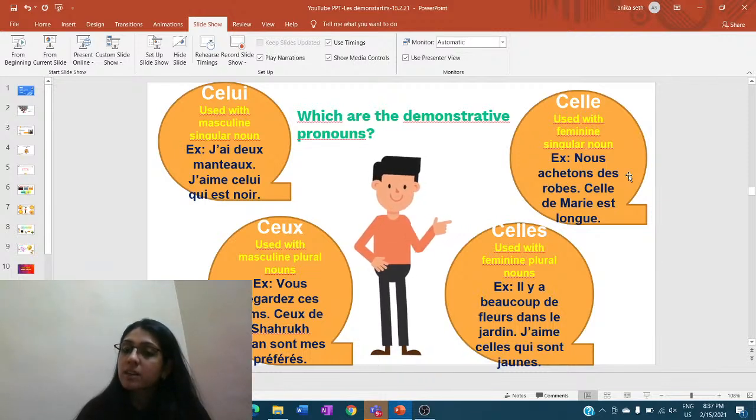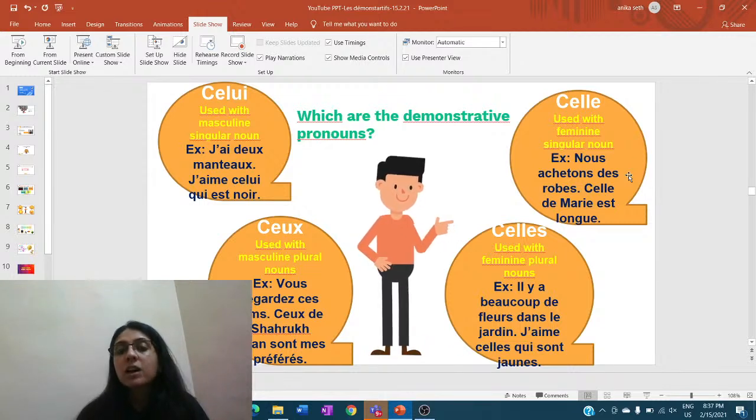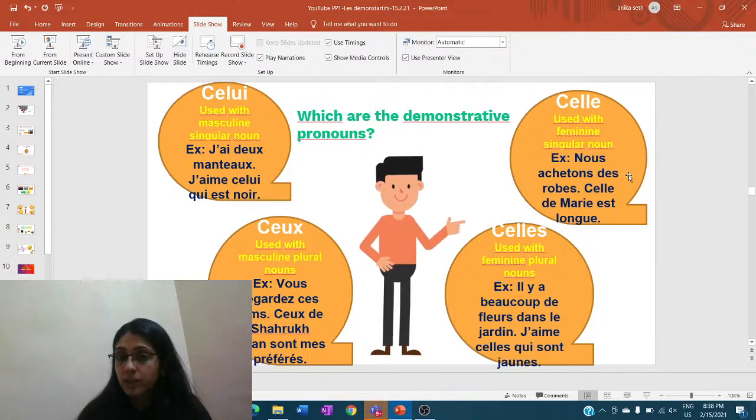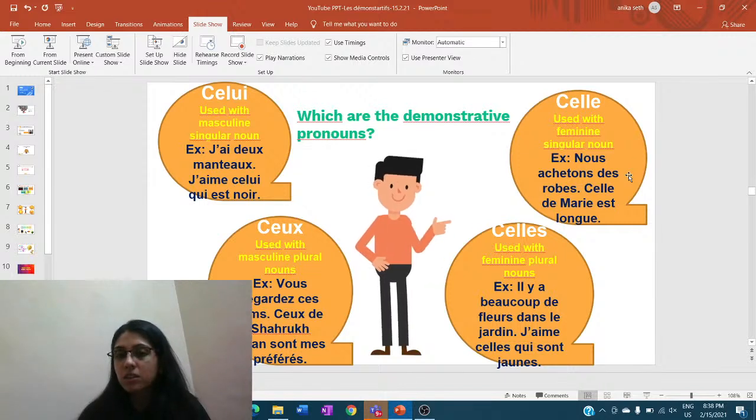Now, instead of saying la robe de Marie est longue, what is happening? A repetition of the noun. Instead, I can just say, nous achetons des robes, celle de Marie est longue. And what would that mean? The one of Marie is long.